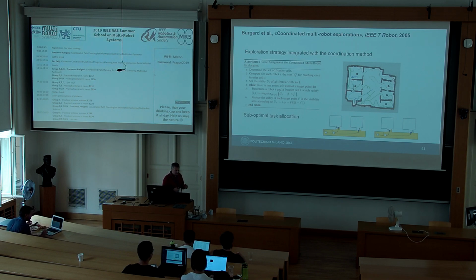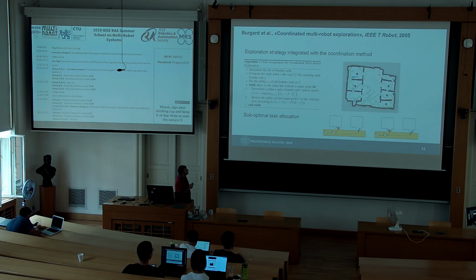In this approach, the exploration strategy and the coordination method are interestingly integrated together. This means that the selection of the points that should be reached and the decision about which robot should go to these points is integrated together. And the algorithm is smart and is this one.